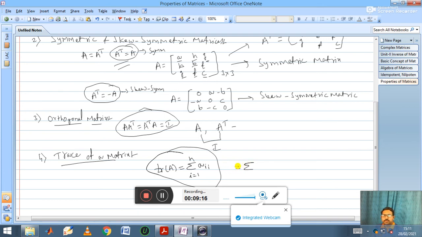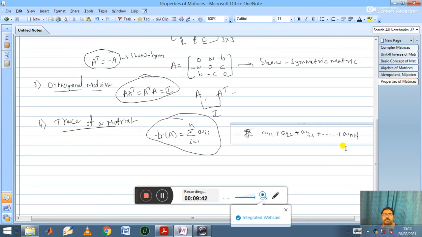If you substitute the i values, you get a11 plus a22 plus a33 and so on, plus ann. The sum of the diagonal elements gives the trace of a matrix.